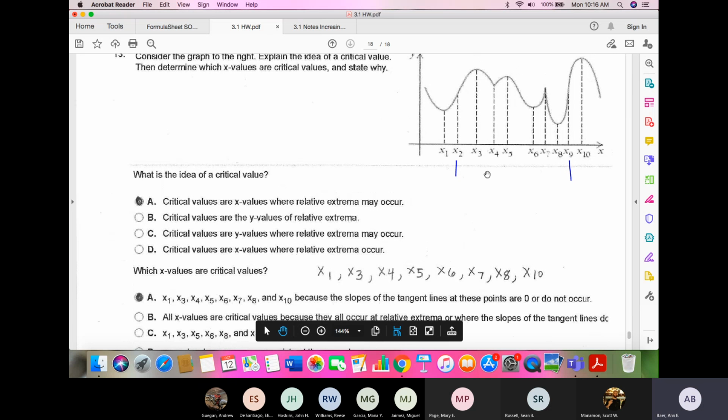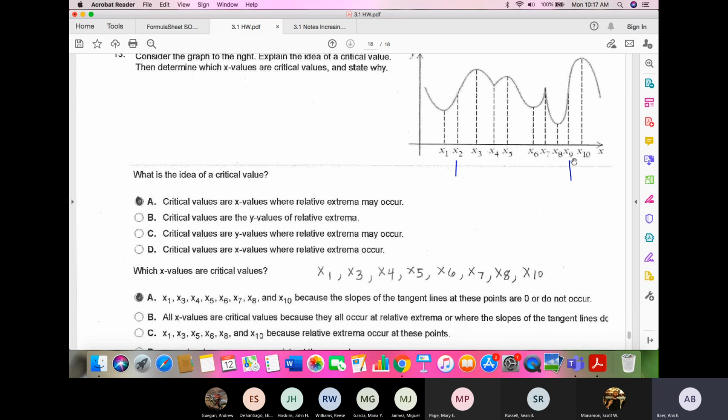Let's see, x3, that's a good one, and we'll stop there after that. At x3 right here, there's a change from increasing to decreasing. So that is a critical value. It's a candidate for a relative extreme point. In this special case, it's a relative maximum.